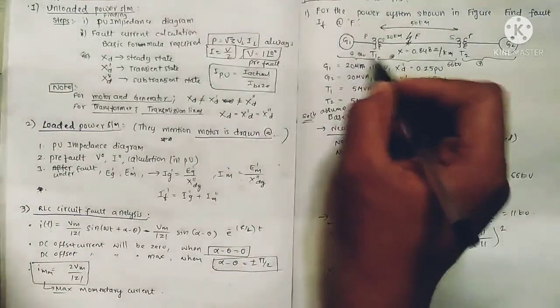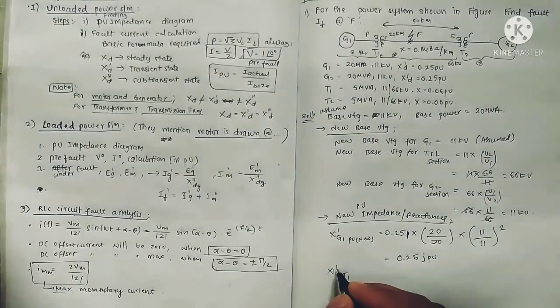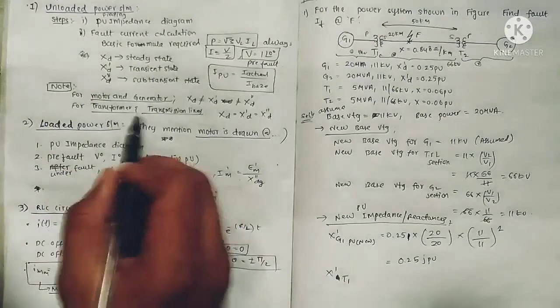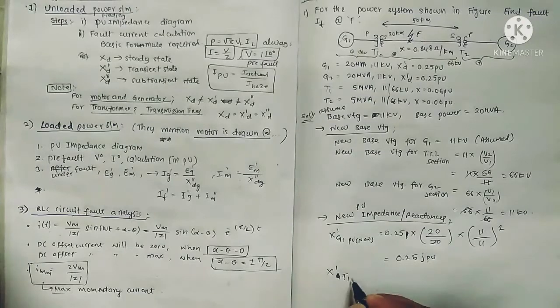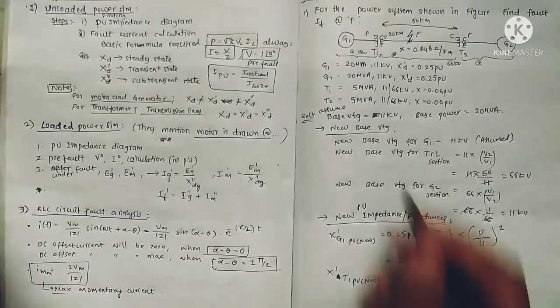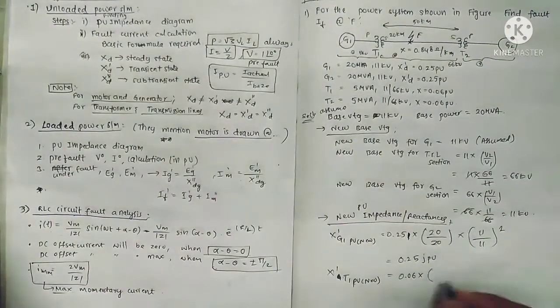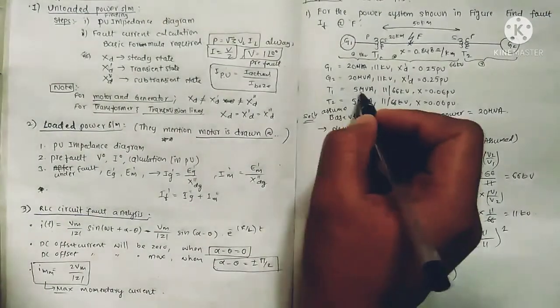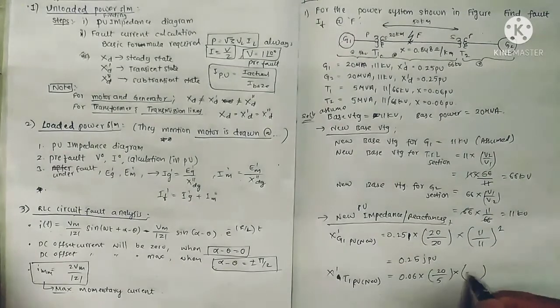Now X dash T1. Because of the note given here, there is no difference for transmission lines, so just write X dash T1 PU new, equal to the old PU of T1, 0.06, multiplied by, since this is a power section, new power divided by old power of this T1, 5 MVA, multiplied by the old voltage.